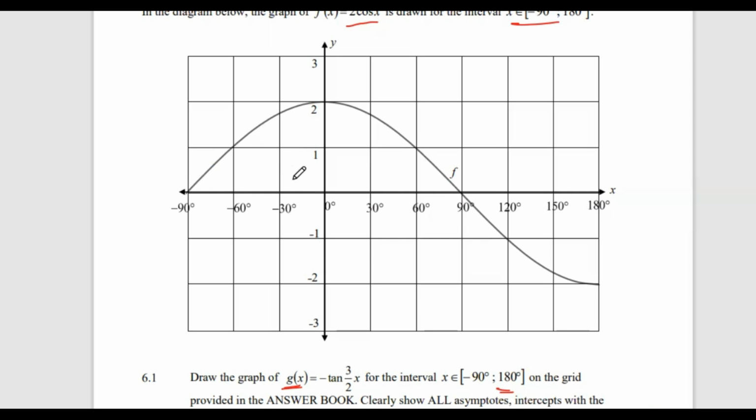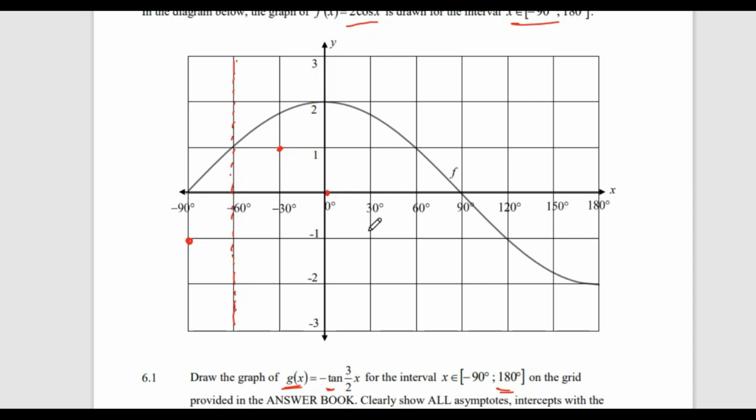Perfect. Okay, so negative 90 is giving me a negative 1. Then negative 60 is an error, which means that's an asymptote. Whenever we have errors with the tan, it's an asymptote. Then negative 30 is a positive one. 0 is a 0.